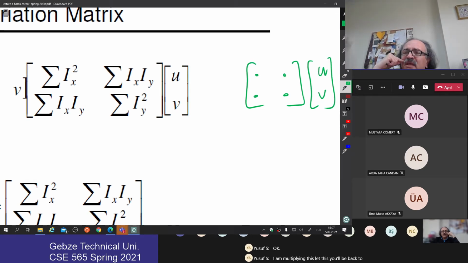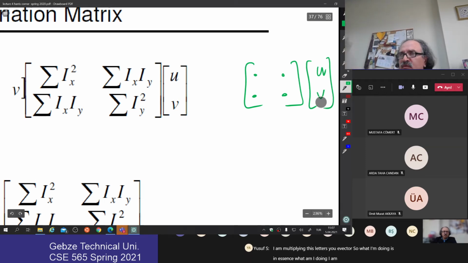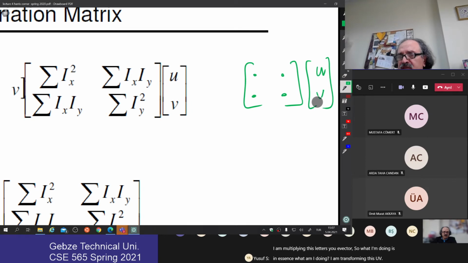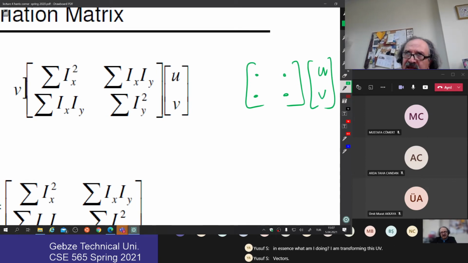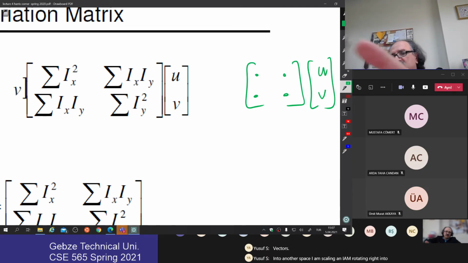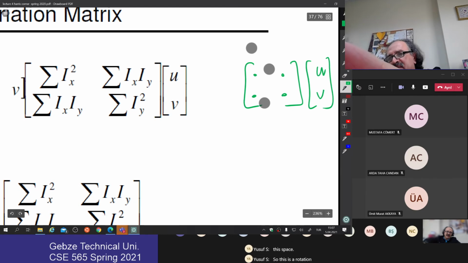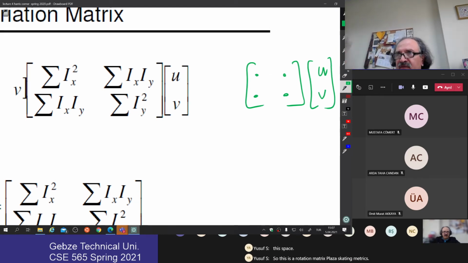So what I am doing in essence? I am transforming this UV vector into another space. I am scaling and I am rotating, right? So this is a rotation matrix plus a scaling matrix. That's how we see it, right? Do you remember the transformations that we looked at at the beginning of the semester? That's what I am trying to do.